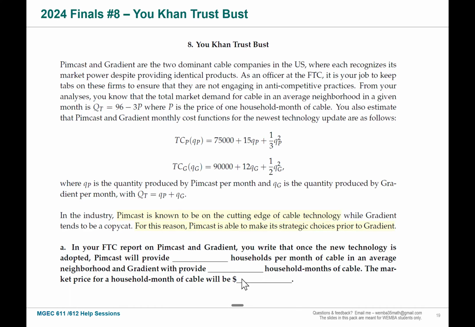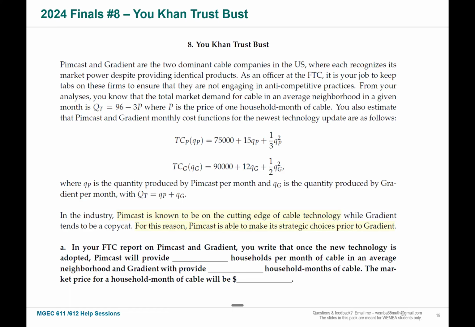So what is it saying really? It's saying that there are two cable providers, Pimcast and Gradient. One of them is a leader here, which is Pimcast. So they make the decisions prior to Gradient. So what kind of model is this? Stackelberg model.